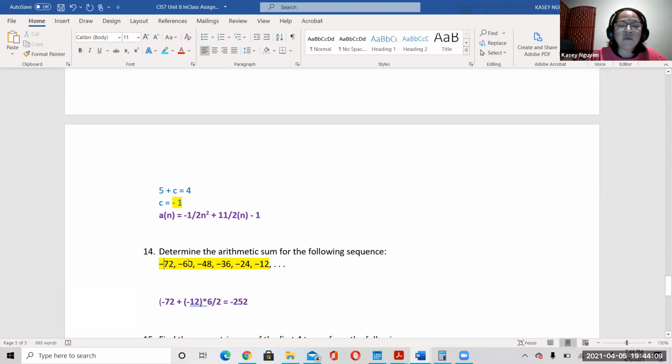Counting 1, 2, 3, 4, 5, 6, so 6 divided by 2 is 3. Multiply 3 by -84, which gives you -252. So the partial sum for this arithmetic series for the first 6 values is -252.